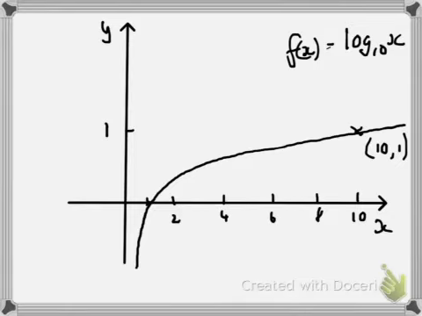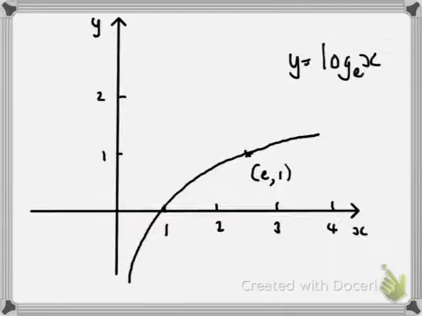Alright, log x to the base 10, similar graph, once again passing through (1, 0), and we've also got that point there, (10, 1), because x is 10 in there. Log 10 to the base 10 equals 1. The asymptote is the y-axis once again. Log x to the base e, and this is the graph that we'll be focused on mostly here.